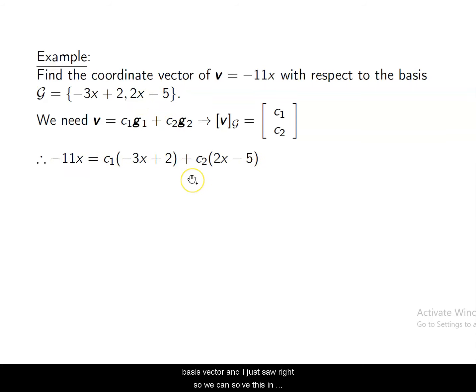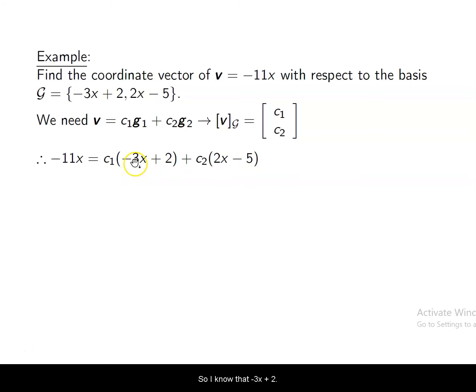We can solve this in several ways. Again, stay away from standard algebra. At this point, everything should be in terms of matrices and linear algebra. I don't want you solving it like you would in an Algebra 2 course. So notice that we can turn these into column vectors, which is the standard practice.